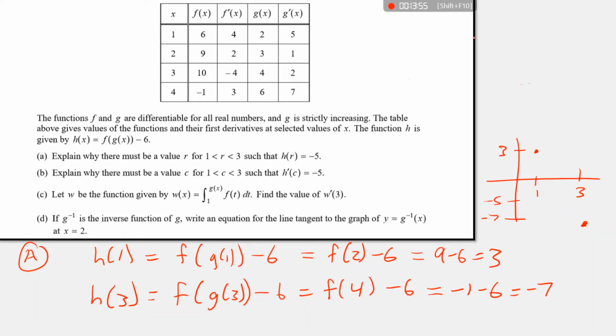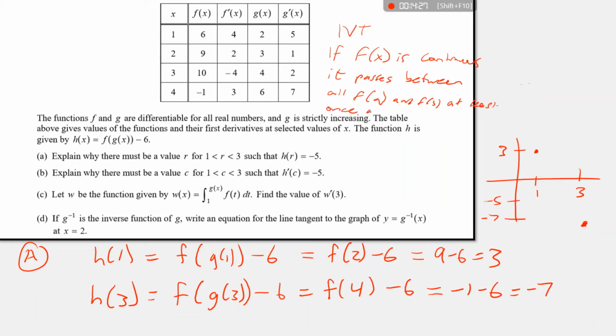Okay, so I'll go through both. Intermediate value theorem says as long as our function is continuous, there's a value between f of a and f of b at least once on interval ab.